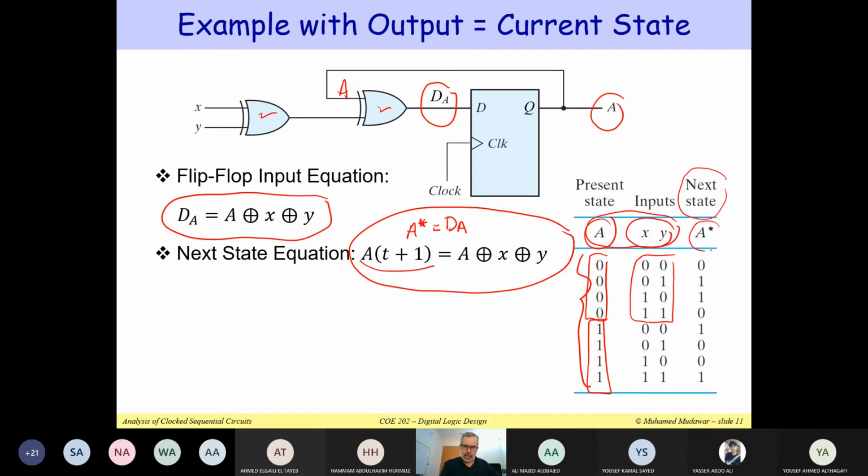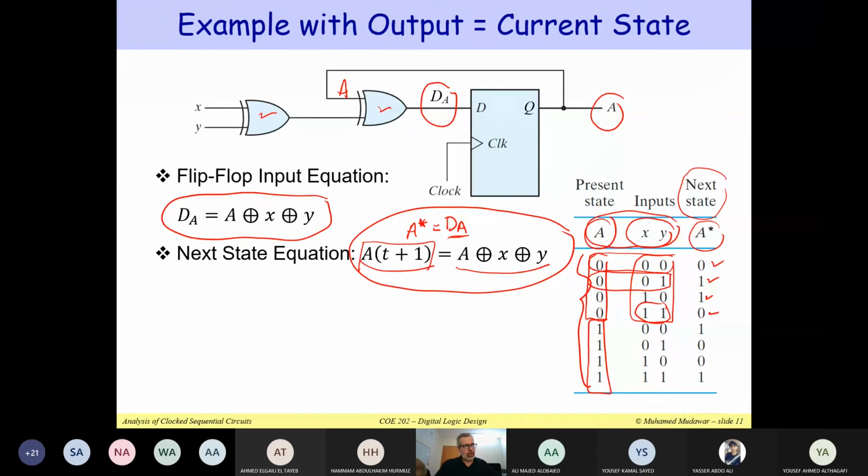So the next state, we call it A star or A at t plus 1. And this is nothing but dA, and it's given by this equation. So it is A XOR X XOR Y. So take the XOR here of 0 XOR 0 XOR 0, that will give me 0. 0 XOR 0 XOR 1 will give me 1. That's an odd function. You can see this is 1, this is 0 here because you have two 1s.